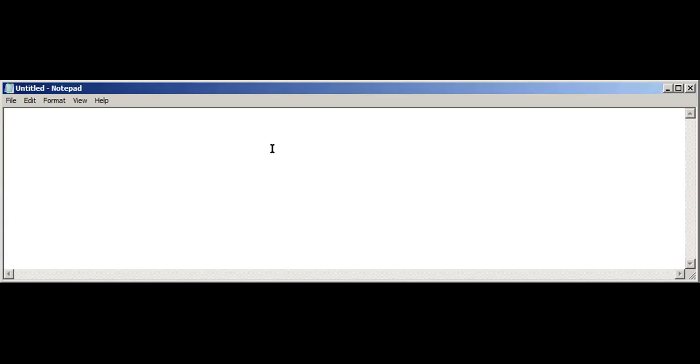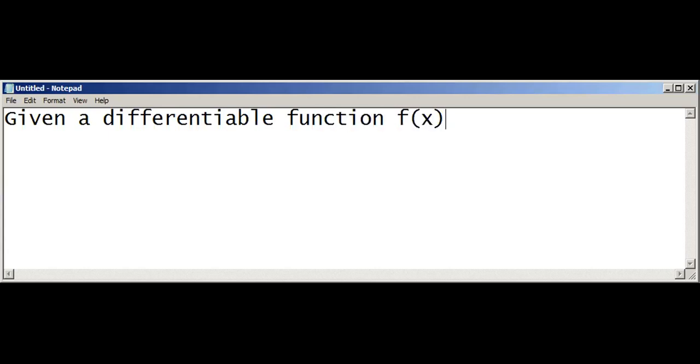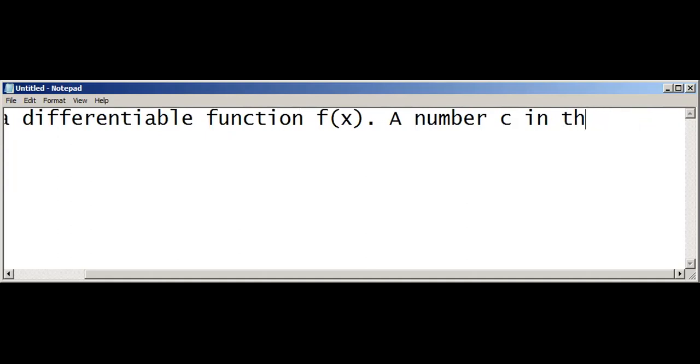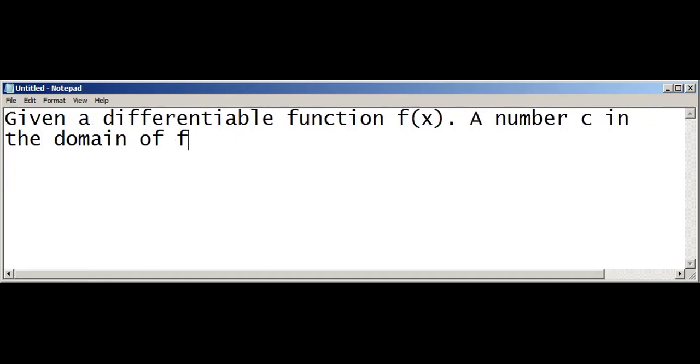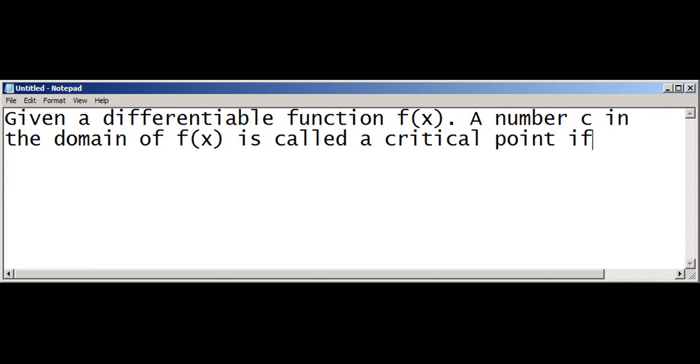A critical point: given a differentiable function f of x, take a number in the domain of f of x, call it c. It is called a critical point if the following holds: either the derivative at c is equal to 0, or f prime of c does not exist.